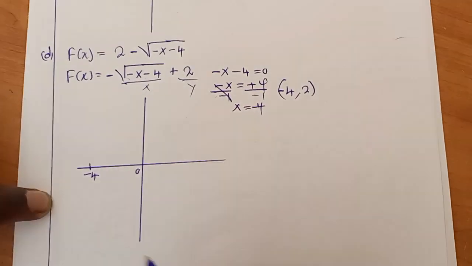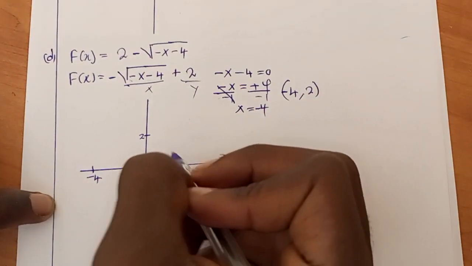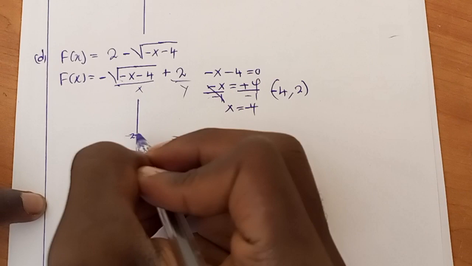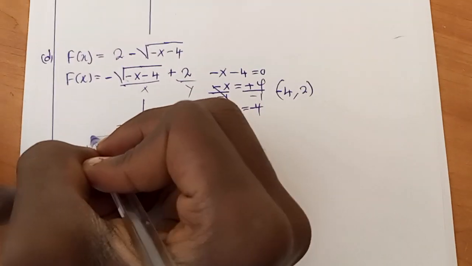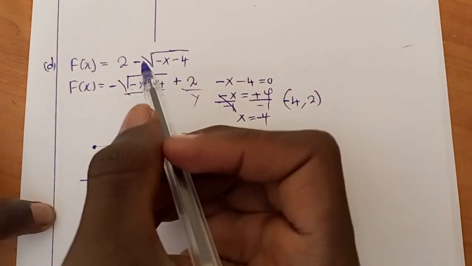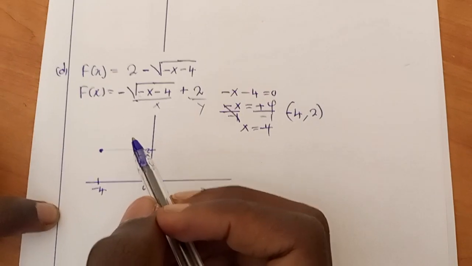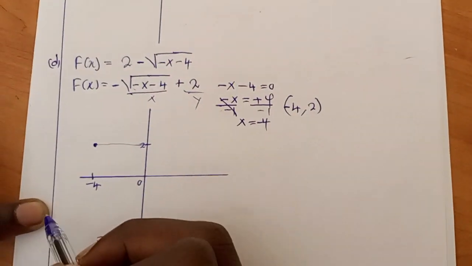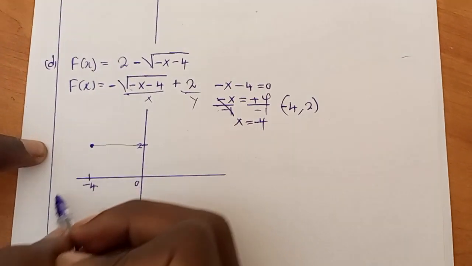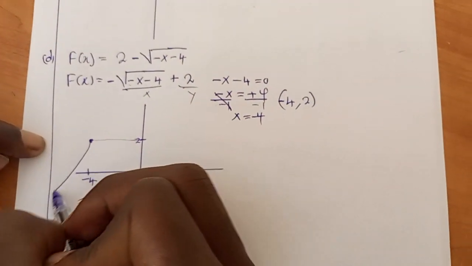Positive 2 is simply this one. We are coming like this, and this is our point. Now notice that the radical and the x are negative. So it's going to move in this direction, because this is negative and at the same time this is negative. So it will move like this.